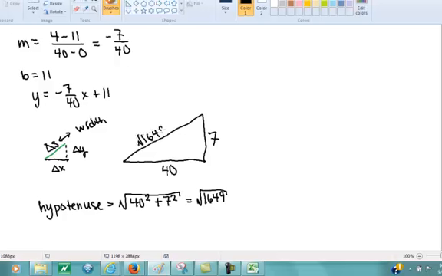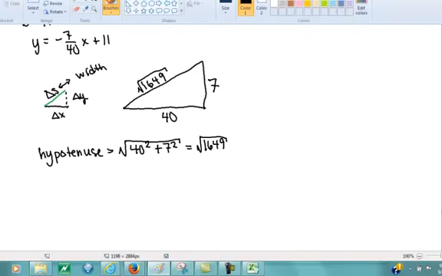Well, that may or may not simplify. I'm not going to worry about that right now. And so then we can set up a ratio from this little tiny triangle to the big one.